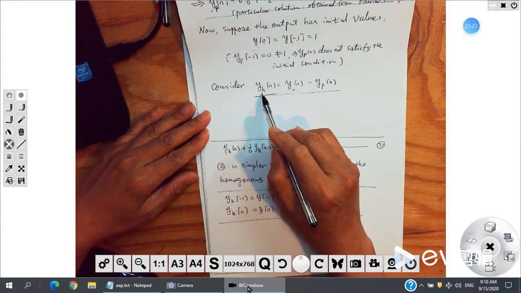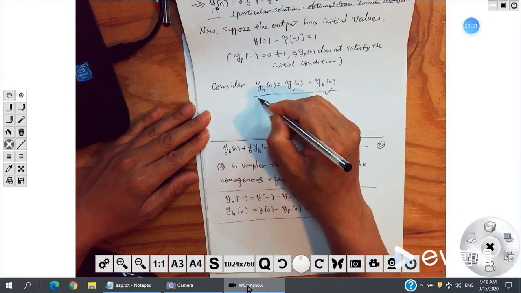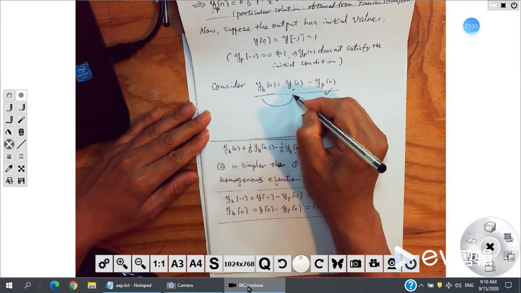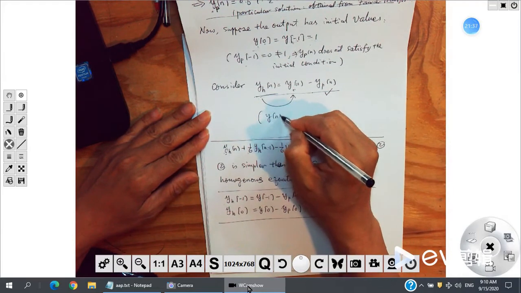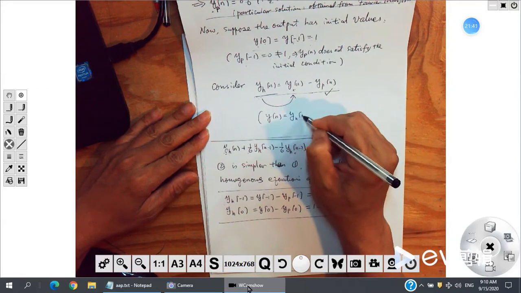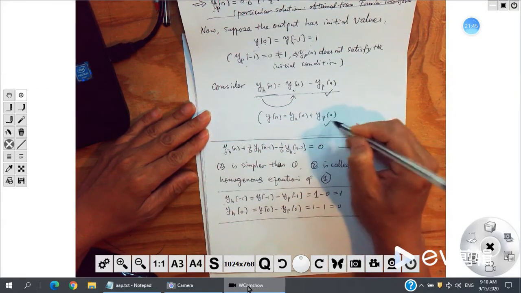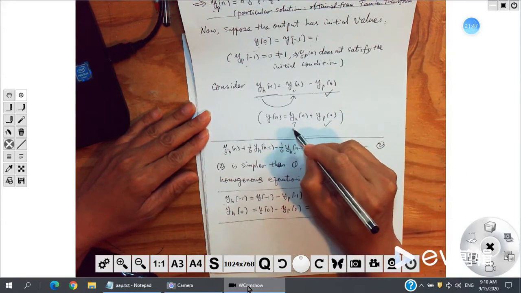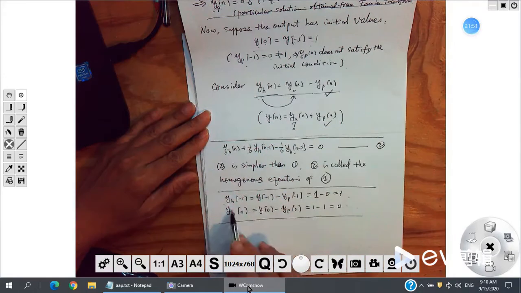That means this one we already have. If we can solve this, then we can determine what is y, right? In other words, y will be yh plus yp, right? This one we already have. So if we can find this, then we can determine what is y, right? So now we try to solve this equation.